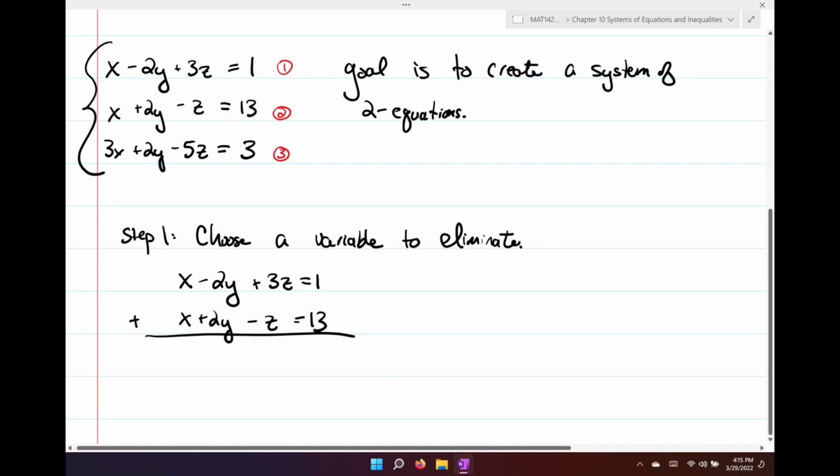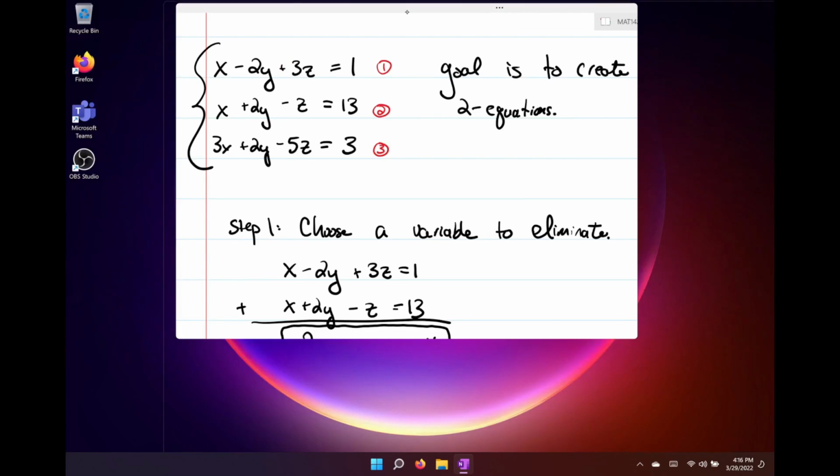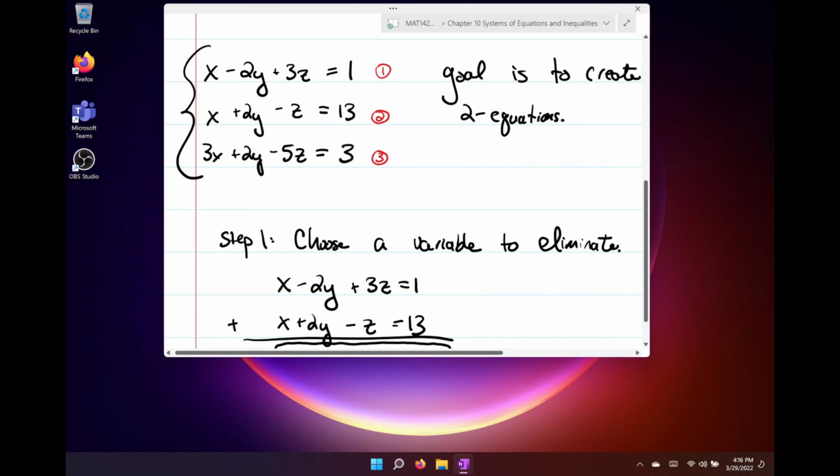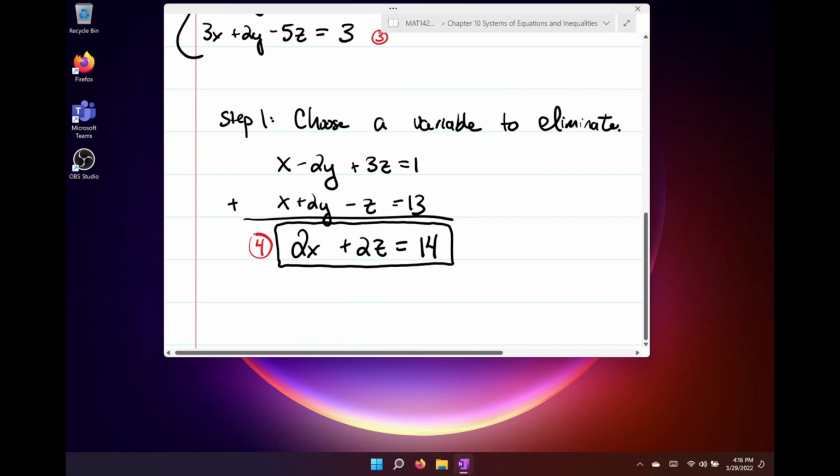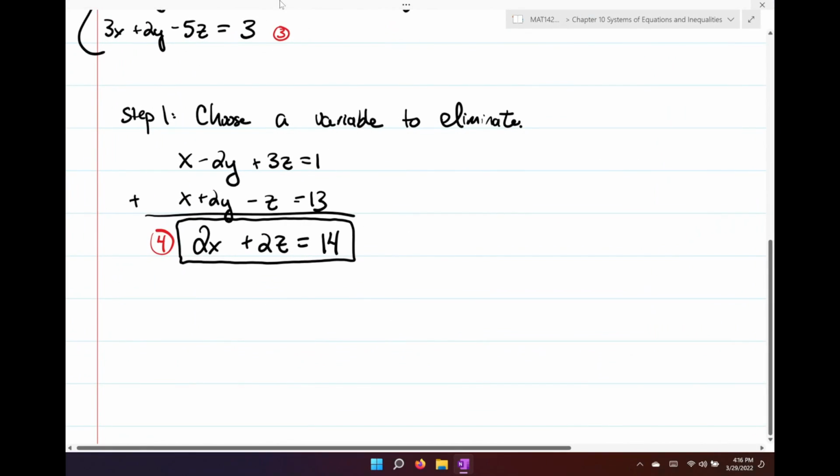When we add them together, x plus x is 2x, negative 2y plus 2y is 0, and then 3z minus z is going to be plus 2z equals 14. What I like to do is put this in a box, and I'm going to label this equation 4. Sorry about that, I'm going to just go ahead and maximize that again.